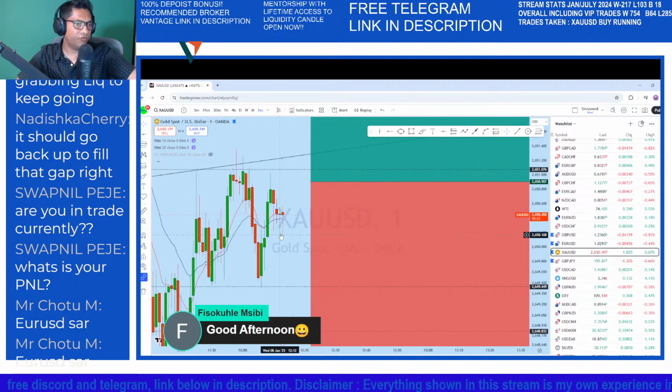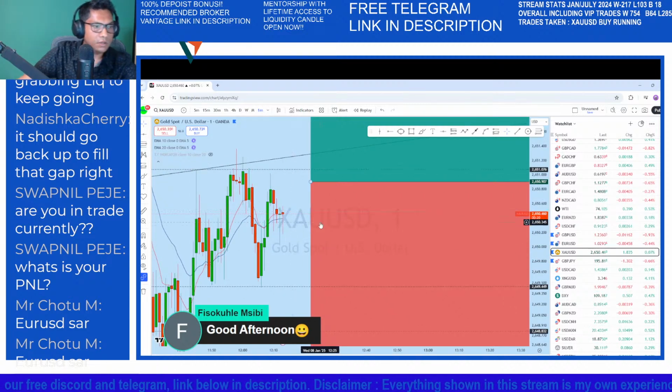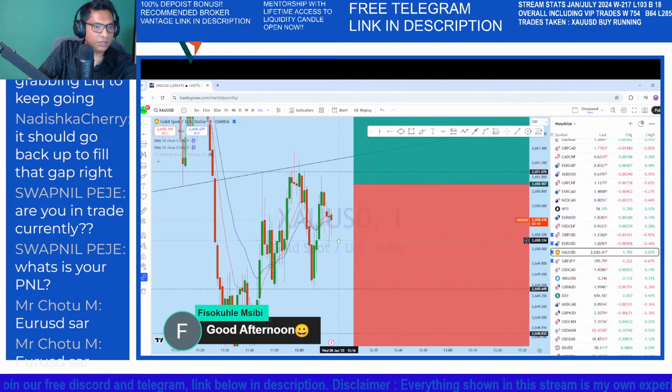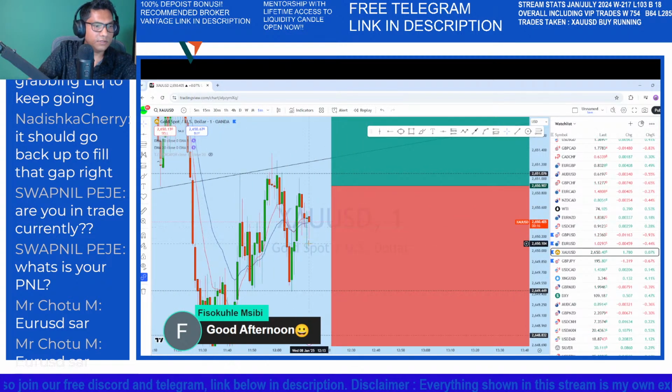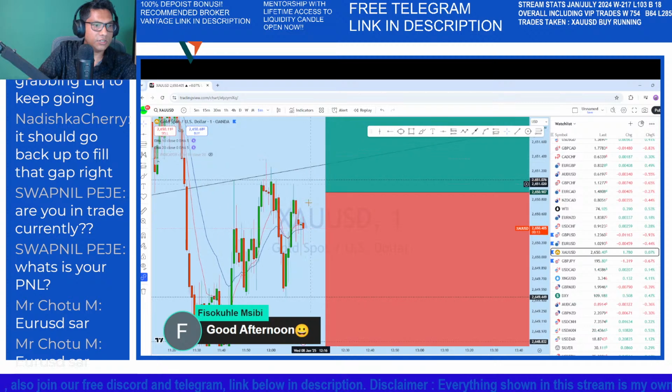So we need to create a doji here, and that's the two dojis. We can expect it to break out.